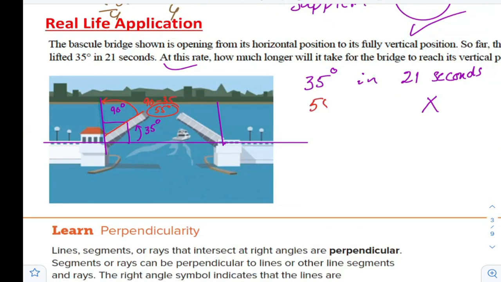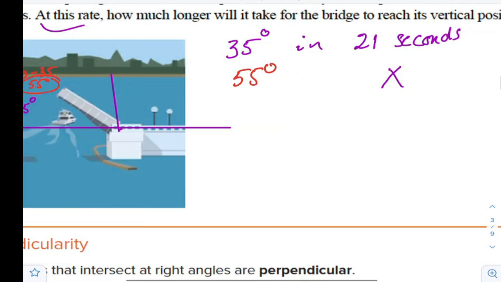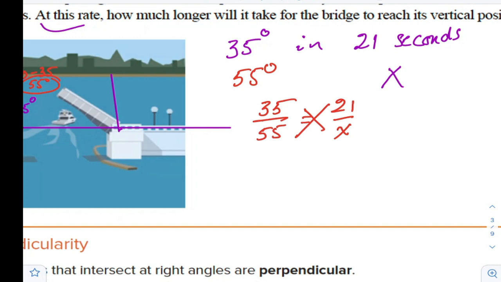So we need the 55 degrees to reach the vertical, يعني to reach the position in how many seconds? This is the proportion that we studied before. So we can write it in this way, and we can cross multiply, but let's write it in proportion form. We can say, يعني تناسب صار عندنا 35 over 55 equals 21 over x, and cross multiply.